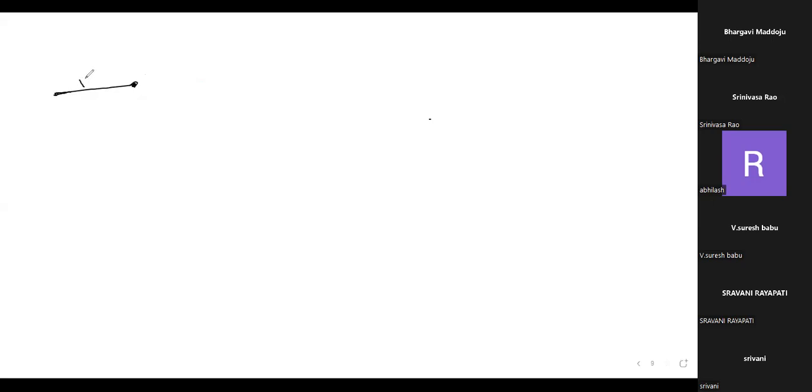K is the thermal conductivity of this rod, and one more rod is also connected like this. 2K is the thermal conductivity of this rod, with the same length and same area of cross section. Here two more rods are connected like this, and again one more rod like this.